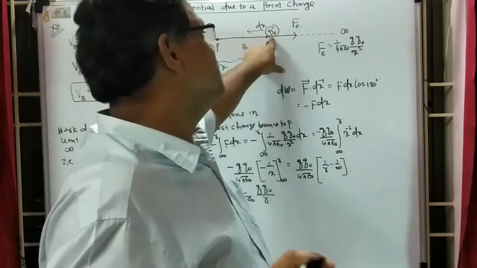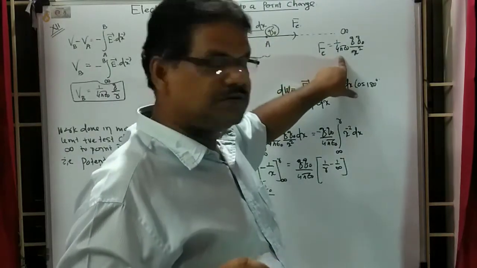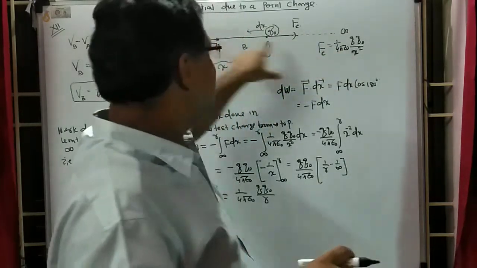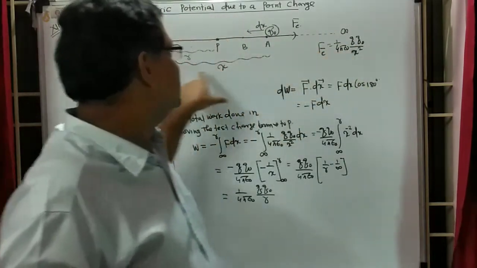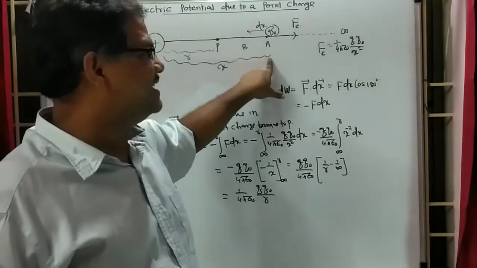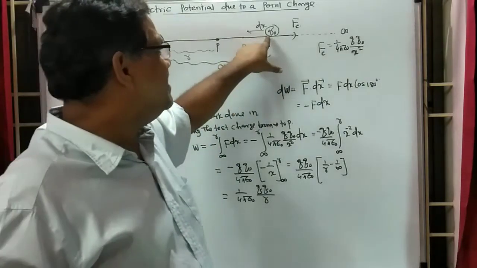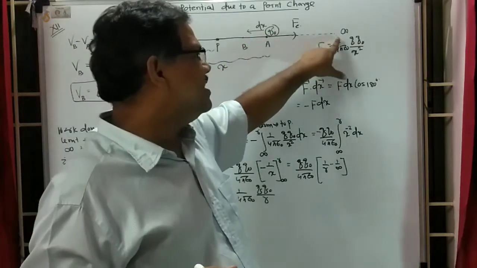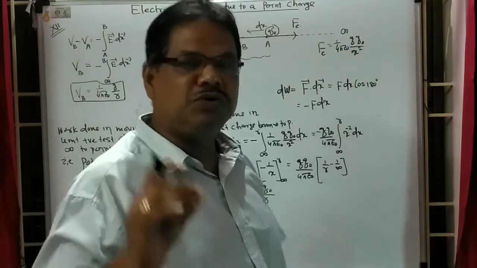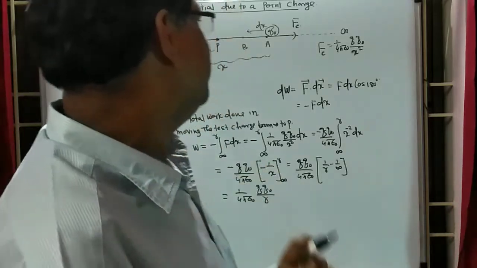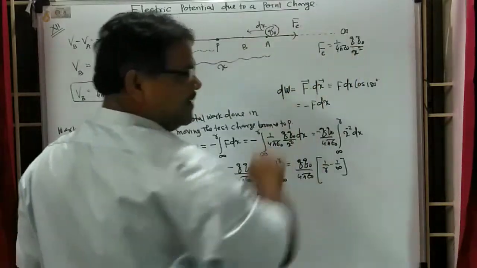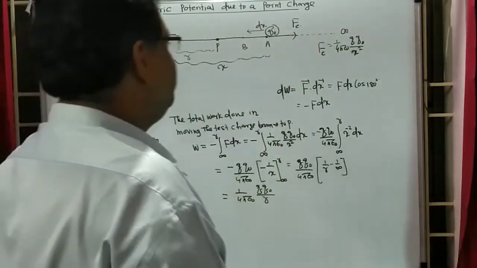According to Coulomb's formula, Fe equals 1 upon 4 pi epsilon naught Q Q naught upon x square, because the distance is x. Due to this force, Q naught is repelled, pushed outward.